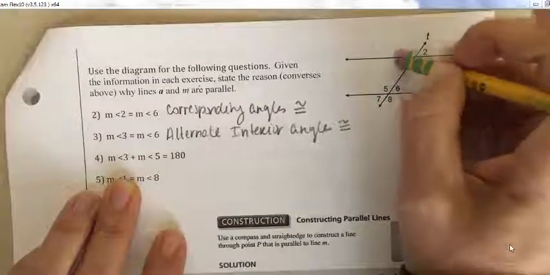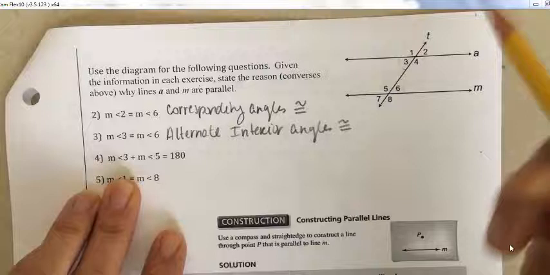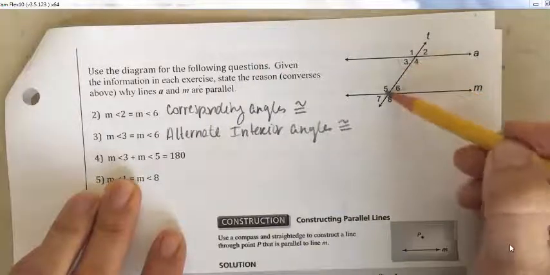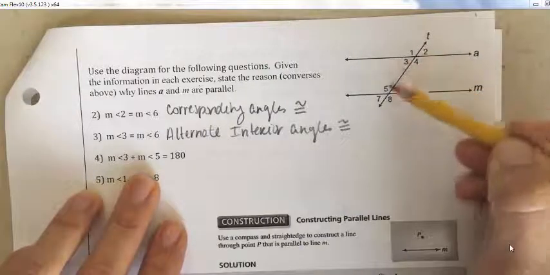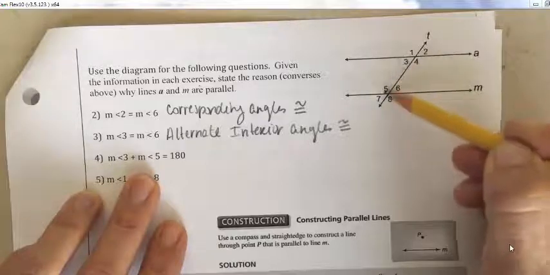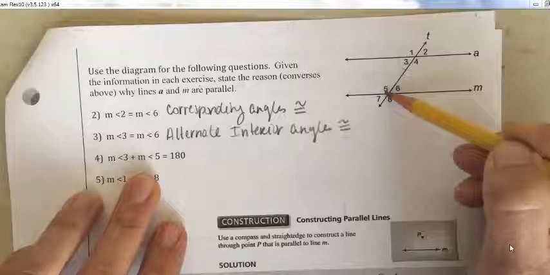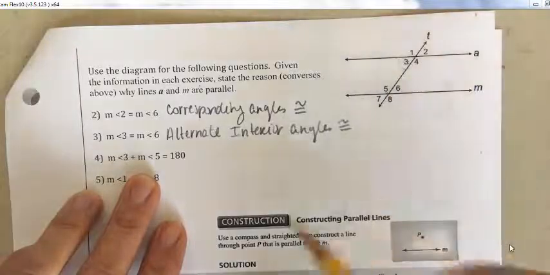Okay, now in the next one, I'm given that the measure of angle 3 plus the measure of angle 5 is equal to 180. Well, these two angles, this is a special angle pair. These are consecutive interior angles, and if they are supplementary, then I know that these two lines have to be parallel.